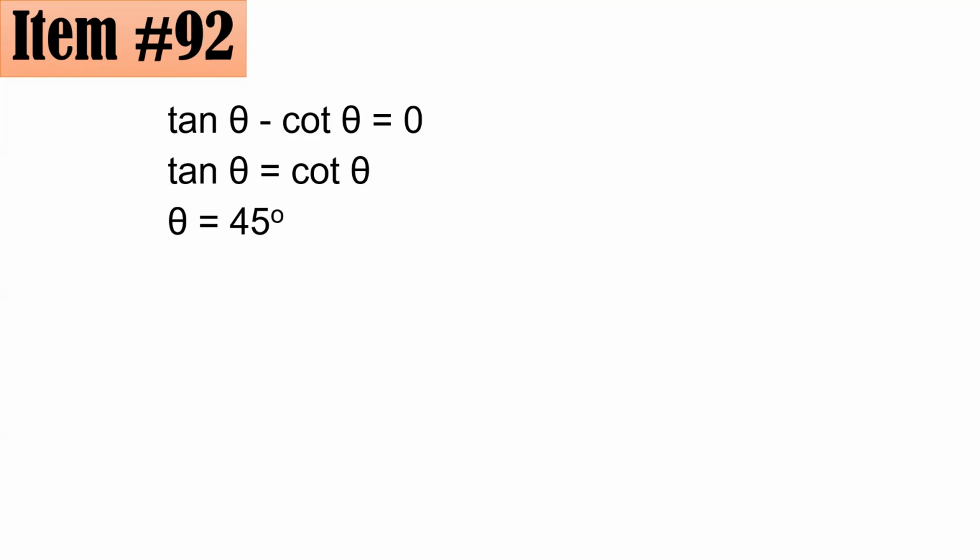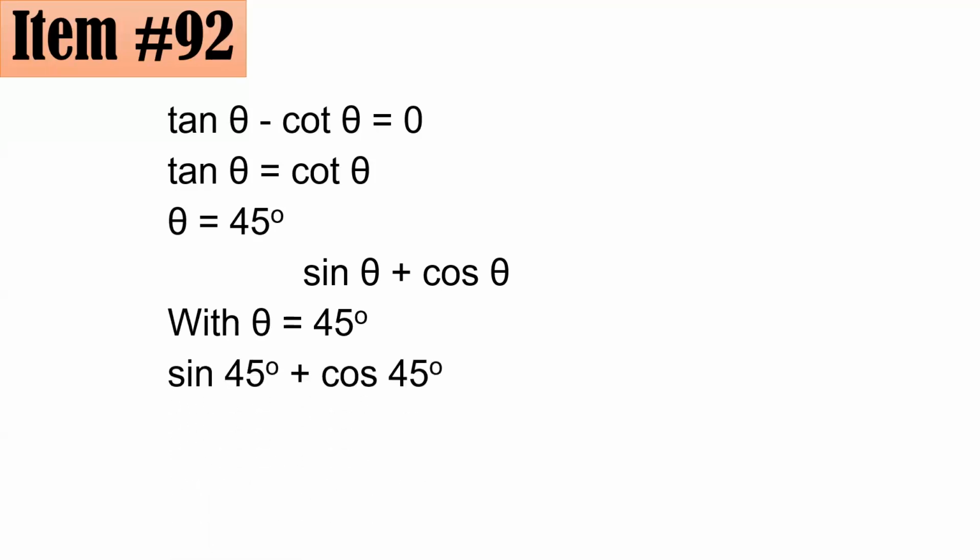Kaya po, it follows that theta here should be 45. That's why if you have sine theta plus cosine theta with theta equals 45 degrees, that's sine 45 degrees plus cosine 45 degrees. With the help of our calculators, we know that sine 45 degrees is square root of 2 over 2, and cosine 45 degrees is also square root of 2 all over 2.